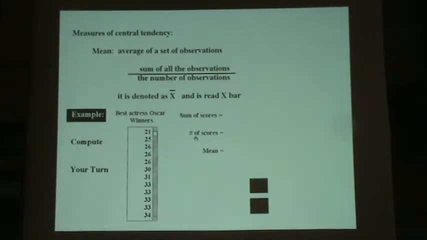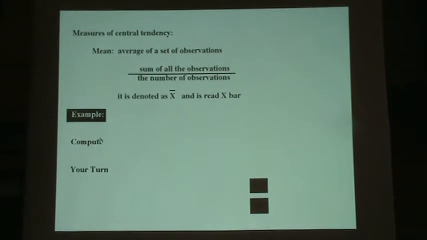Then we would divide by the number of scores, and that would give us the mean. So let's have the computer compute the mean for us here. When we added all the scores up, we got 1,243, and there were 32 pieces of data, so we divided 1,243 by 32, and we got our mean score, which is 38.8.